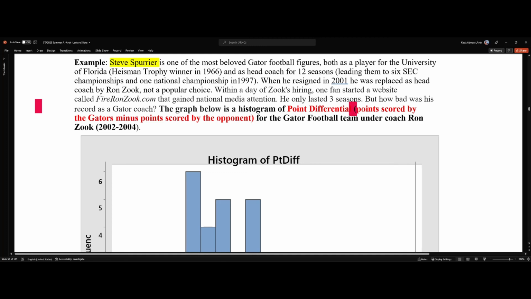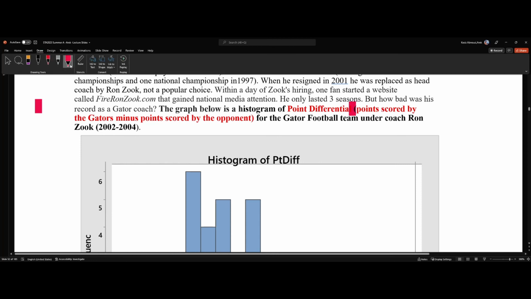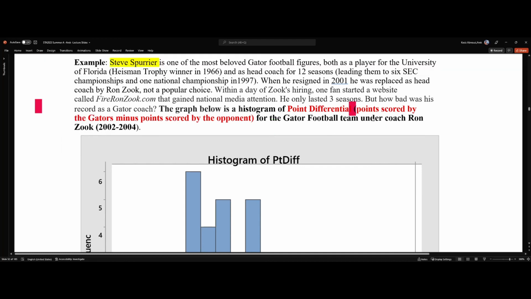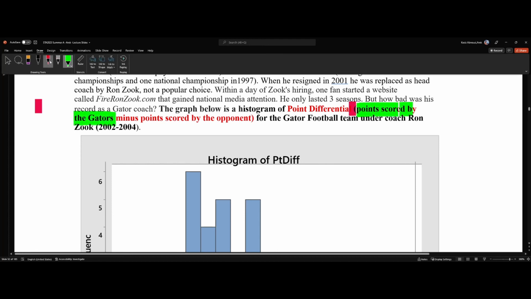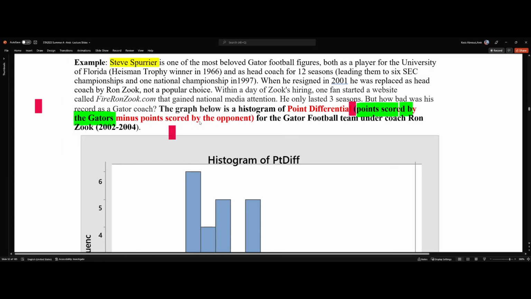Point differential is the points scored by the Gators minus the points scored by the opponent.